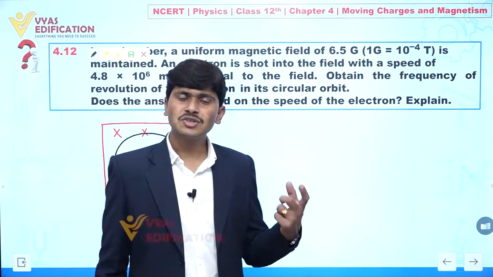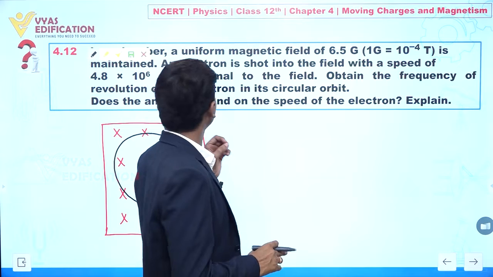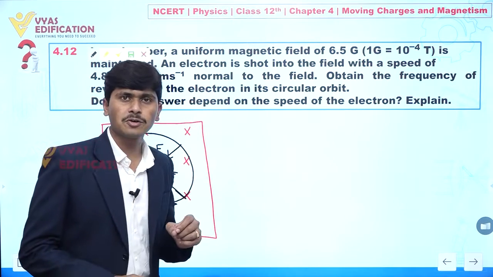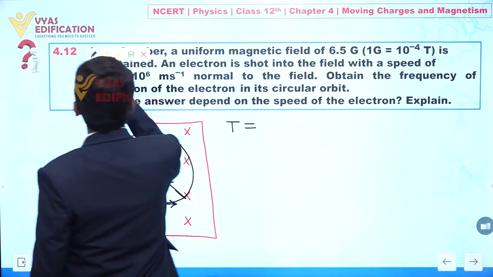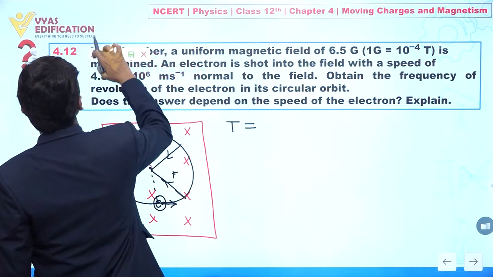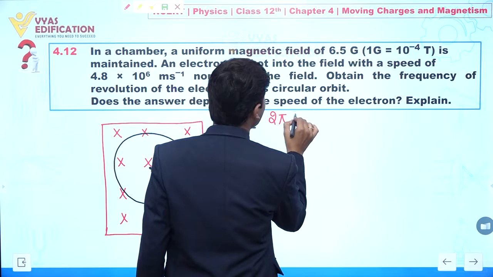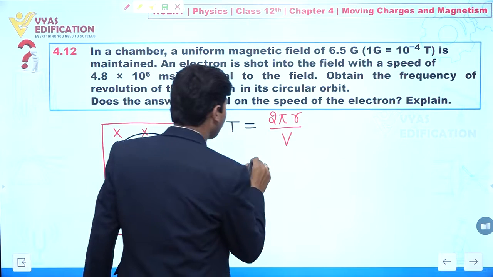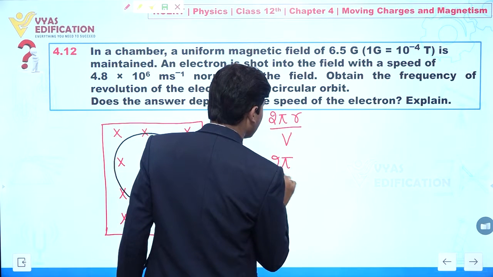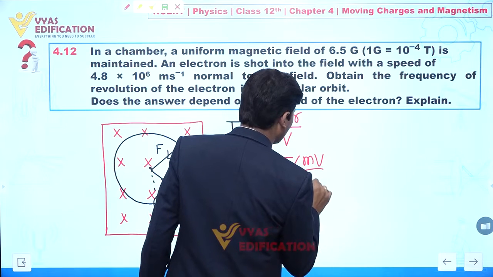Now in this question our objective is to calculate the frequency of revolution of the electron. My dear student, we know the time period T, given by 2 pi r by v. And we know the expression of the radius, r equals mv by qB.